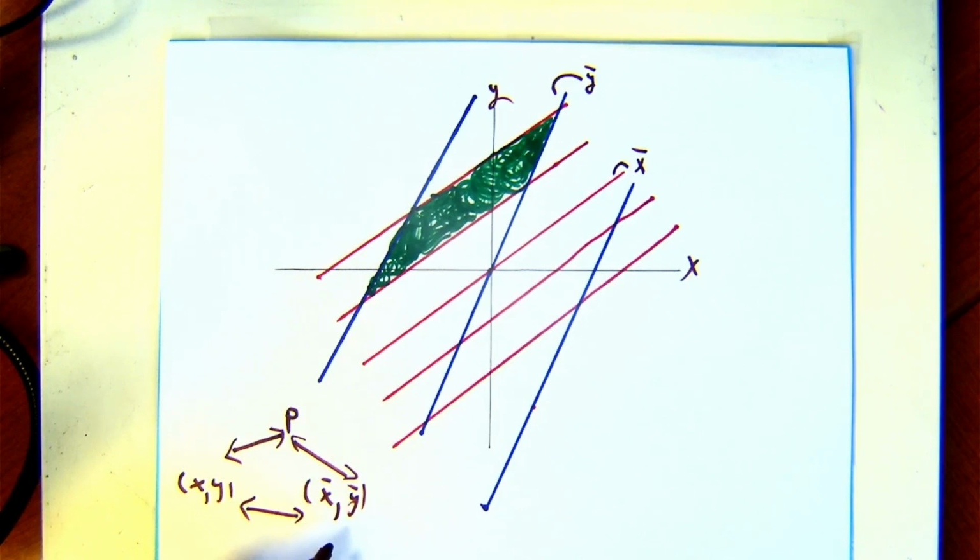Given an x bar, y bar pair of numbers, there's a point in the plane. That point in the plane has a single pair of numbers x and y to go with it. So if you give me x bar, y bar, there can be only one xy to go with it if this is in fact a legitimate coordinate system.